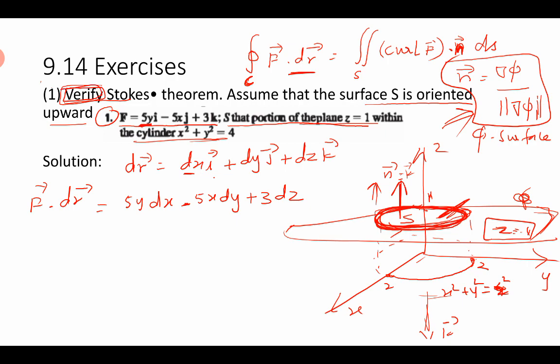But here we are verifying both sides, so we will evaluate over the boundary and of course over the surface as well. We start with the left hand side, the integral over the circle C of F dot dr.